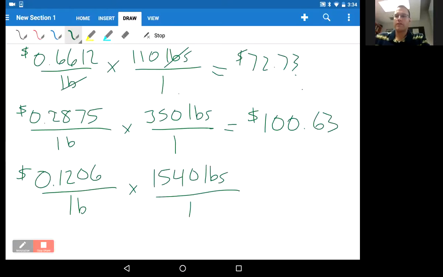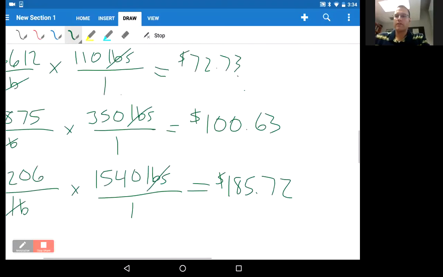Put that over one if I want, and you multiply those together, you get 185.72, rounded to the nearest full cent. Okay, so now if I add the three of those up, 72 plus 100 plus 185 and odd cents, we get $359.08.